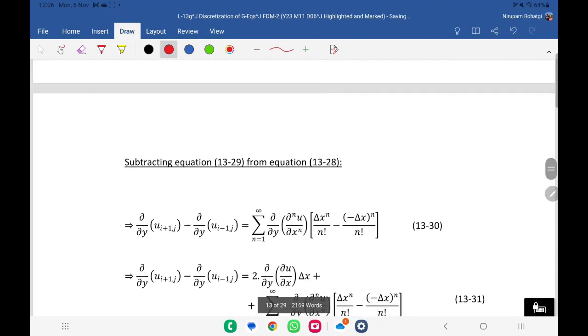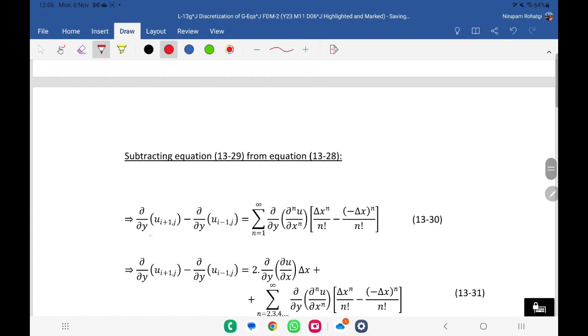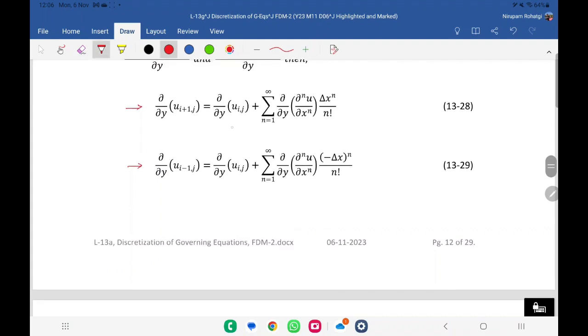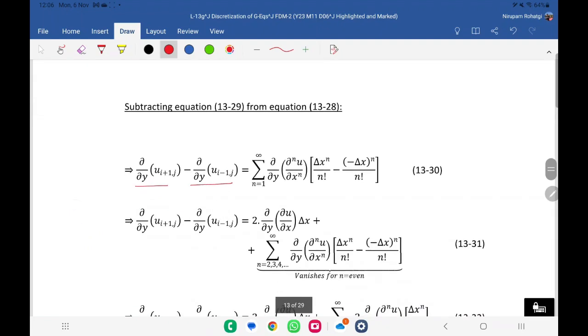So on the left side you are subtracting this. On the right side, these two terms will go away, the first terms on the right side will go, and the first terms on the left side are subtracted. And of course, on the right side, the second terms will subtract from each other, and you will get an equation like this.